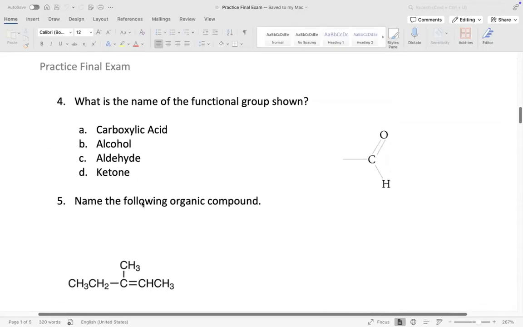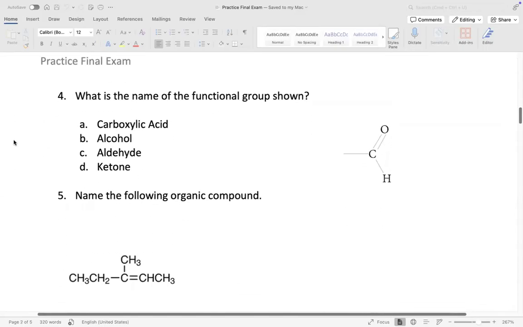Go down. All right, so you have a couple questions where you just have to identify a functional group. So here we have a carbon double bonded to an oxygen. That same carbon is bonded to a hydrogen, meaning that this is a terminal carbon, right? It's not continuous with another carbon. So a C double bonded to an O on a terminal carbon is an aldehyde.